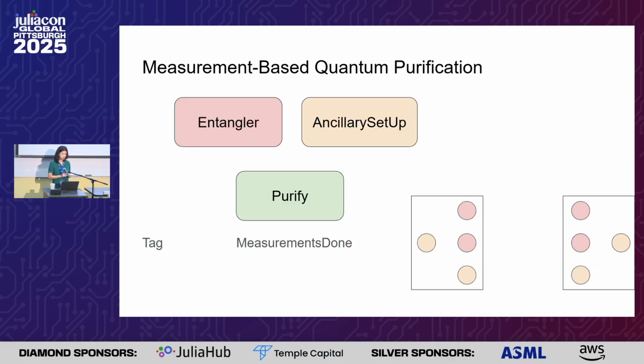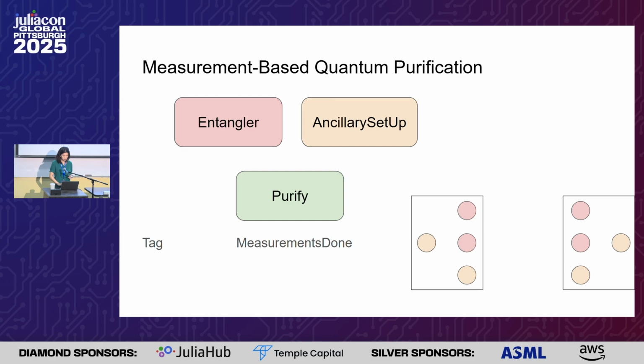So once the measurements are done, we mark it with a measurements done tag for both registers. And so we're going to have a measurement result for the second red qubit, and we're going to send the result to the other register through the channel.